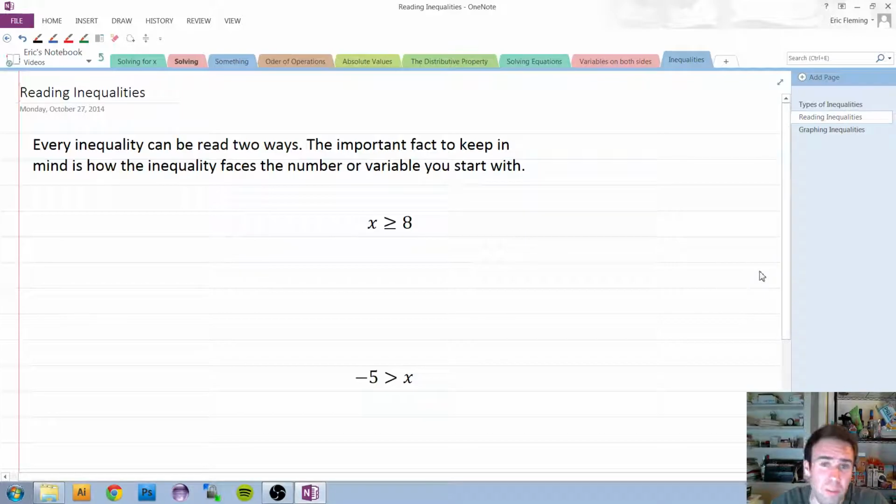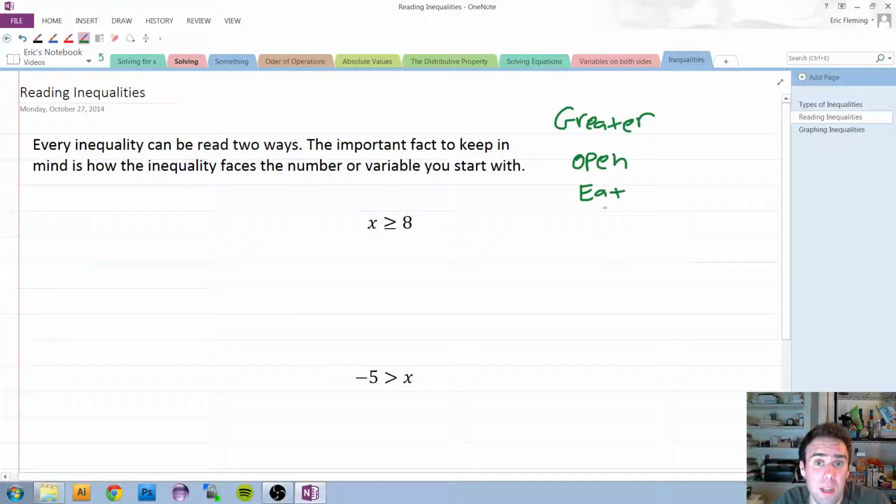Let's take a look. So here, depending on if I choose to focus on the x for my first example or focus on the 8 for my first example, we will have both greater than or less than. What you want to keep in mind is how it's interacting with the x, how it's interacting with the 8. So to figure out if something is greater, I look to see if it's opening up to my variable, a letter, or I like to think of it as eating it.